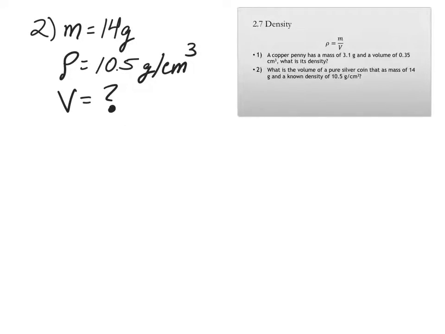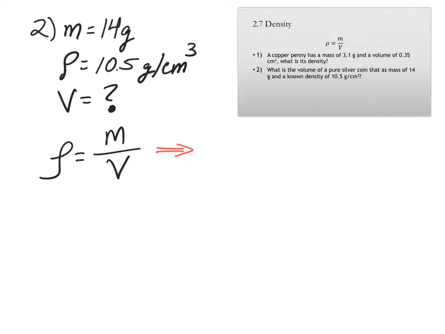The second problem here says, what is the volume of a pure silver coin that has a mass of 14 grams and a known density of 10.5 grams per cubic centimeter? So here again, I would write the equation. Density is equal to mass divided by volume, and we need to rearrange it to solve for volume. There are two ways you can do that. First is to multiply everything by volume.